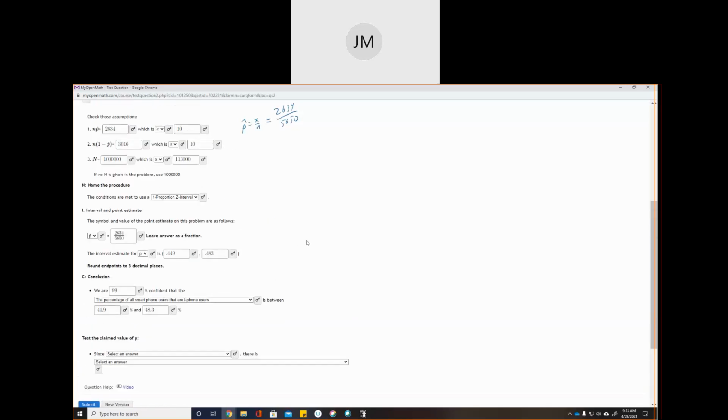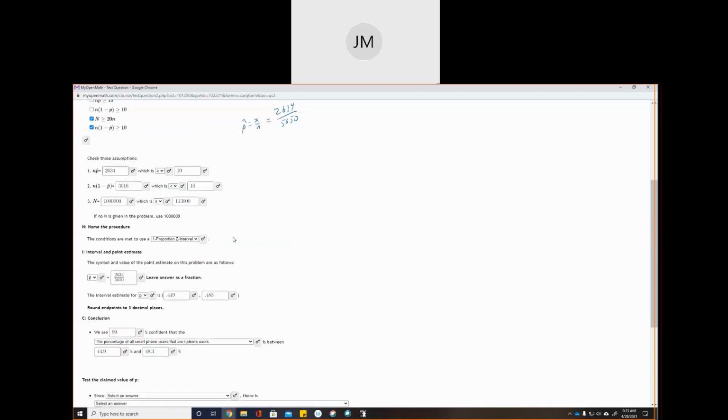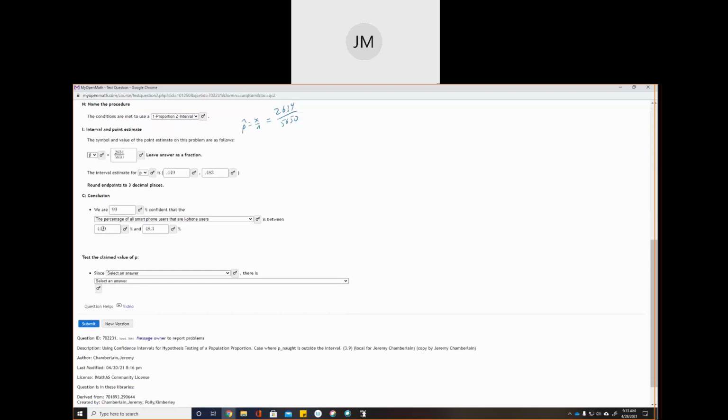And remember back here, in the past, it was 43.5%. And now we're sure that it's in this range. I don't need to do this, but if I were to draw a little line graph here, here's my interval, 44.9% up to 48.3%.